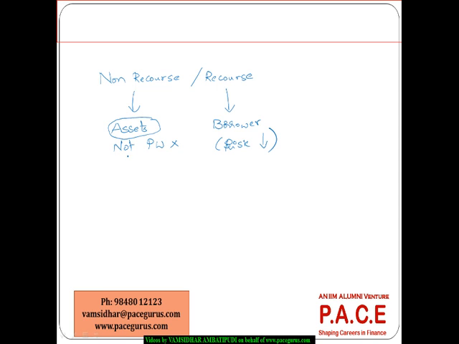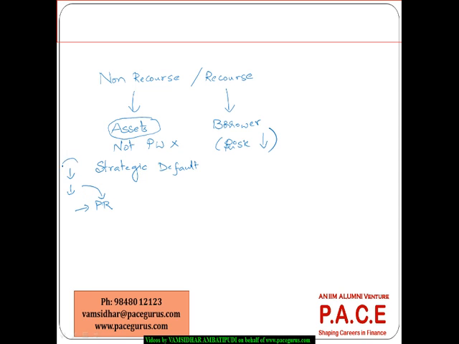Whereas when we are talking about a non-recourse loan, except the property that has been set aside as collateral, nothing else can be possessed by the lender. So this can very well result in strategic defaults as well, because if the value of the property has gone down drastically, much lesser than the principal to be repaid, the borrower can very well hand over the asset to the lender, saying that he will not be able to repay.